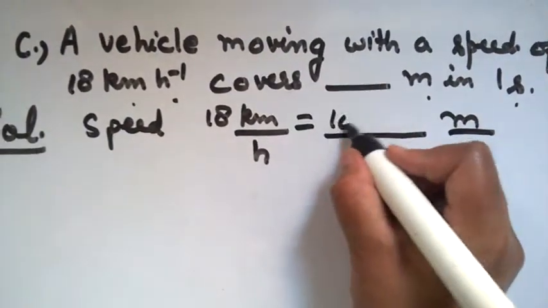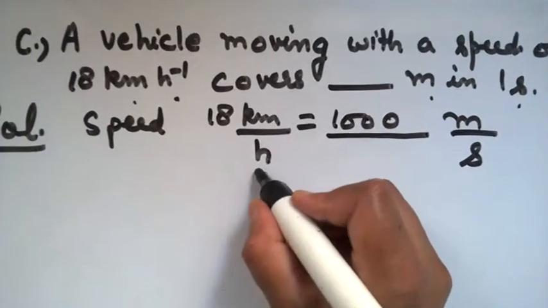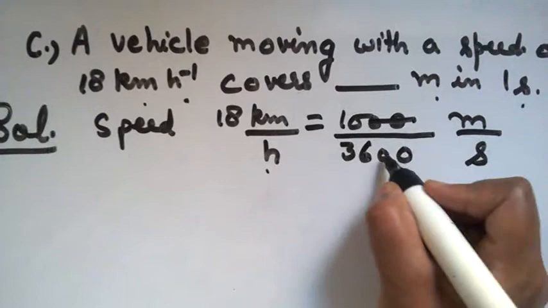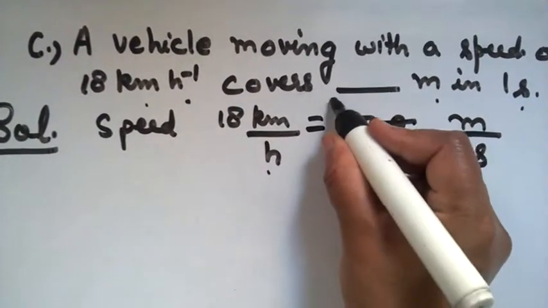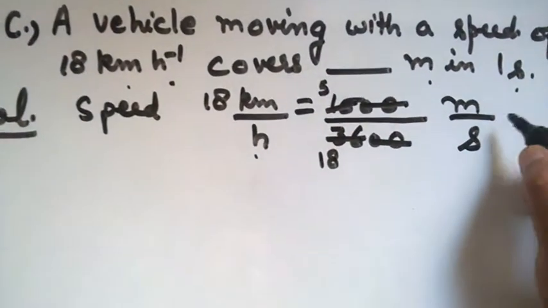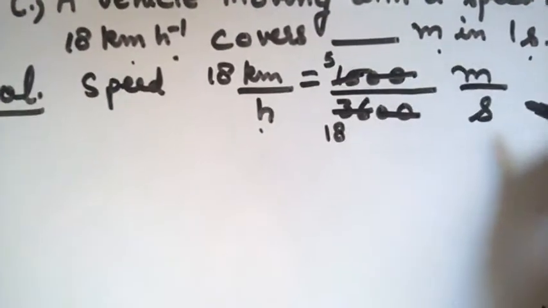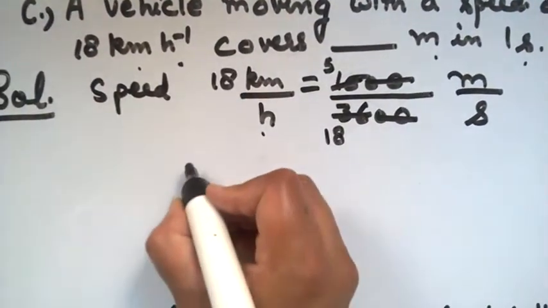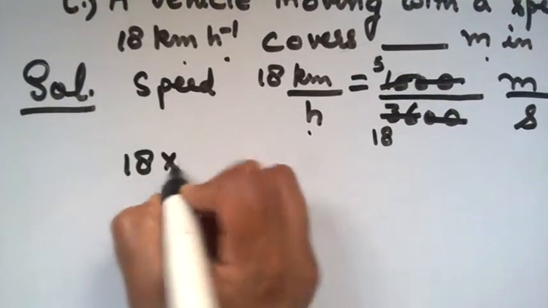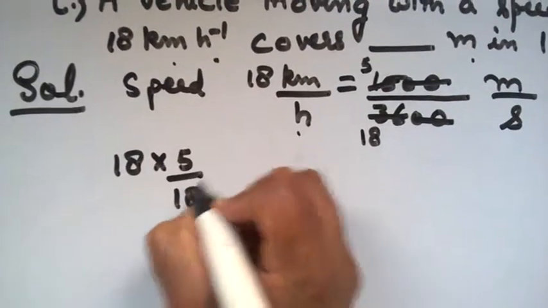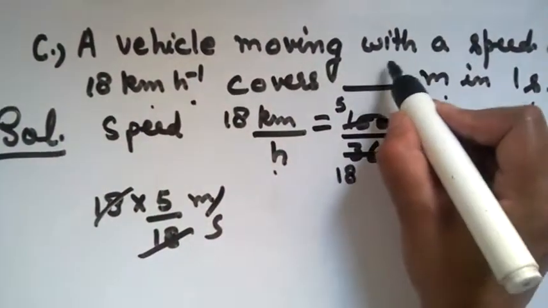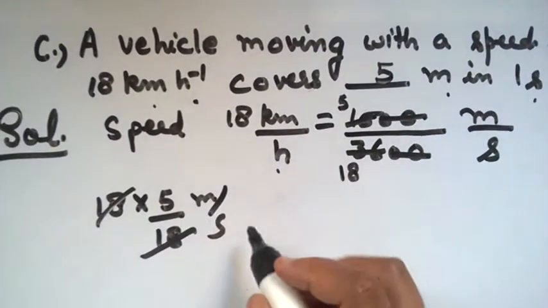One kilometer is equals to 1000 meter and 1 hour is equal to 3600 second. 2 5s are 10, 2 1s are 2, 2 8s are 16. That is 5 by 18 meter per second into 18. So here the answer is 5 meter in 1 second.